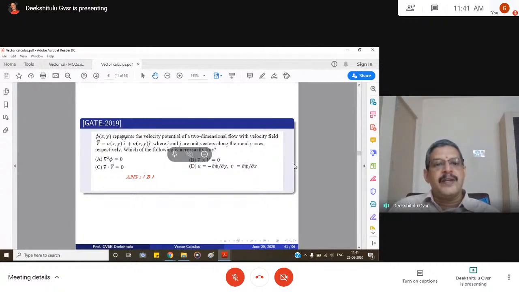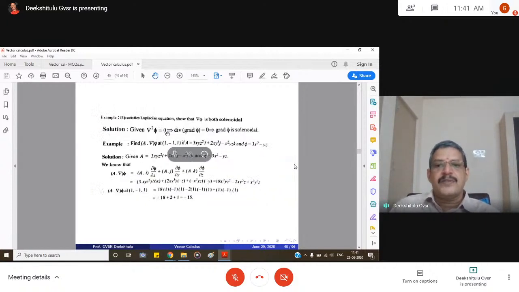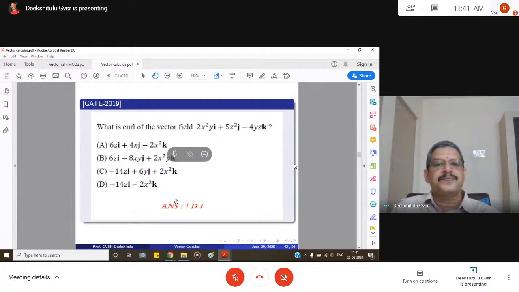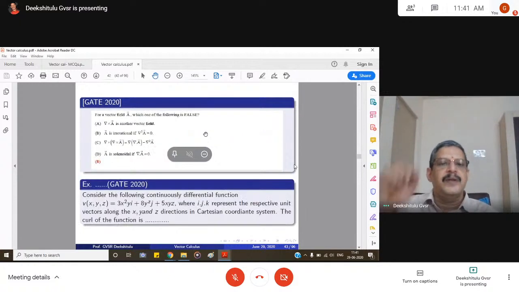When v is grad phi, then del square phi is 0. That's what we have studied here. Laplace equation. Del cross v becomes 0. What is the curl of the vector field? This thing. Because i, j, k, dou by dou x, dou by dou y, dou by dou z, 2x square by 5z square. Very simple problem.